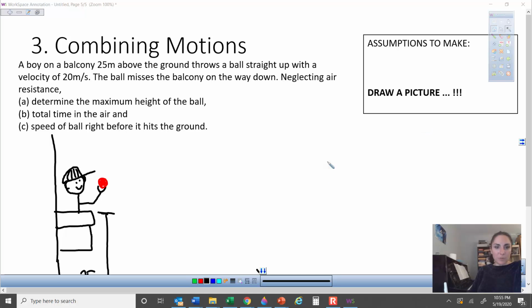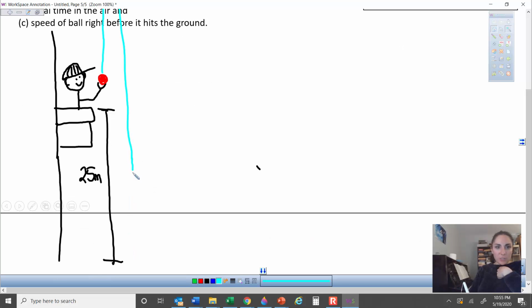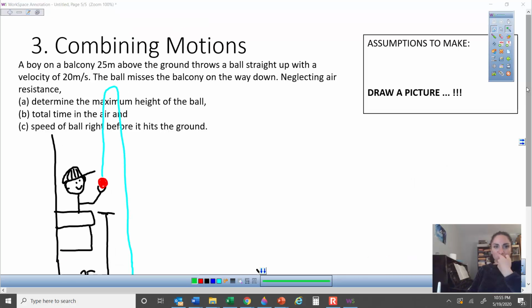It misses and goes down. So the trajectory of the ball would be up, and then down like this. It misses the balcony on the way down, and eventually it's going to come to the ground, right? So this would be the green grass on the ground. So that's what's happening here.